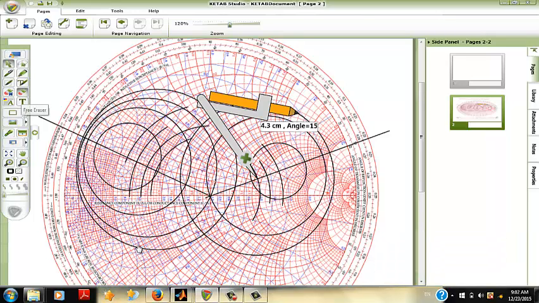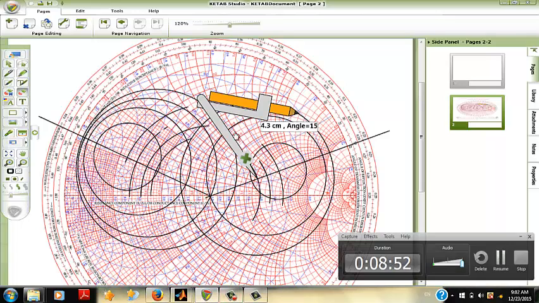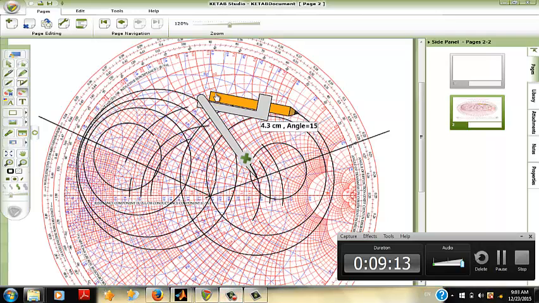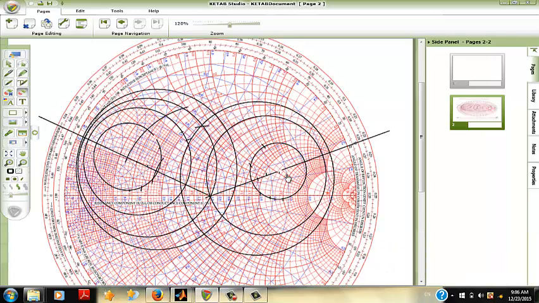Now we will clean the Smith chart. We clean the Smith chart as much as we can.